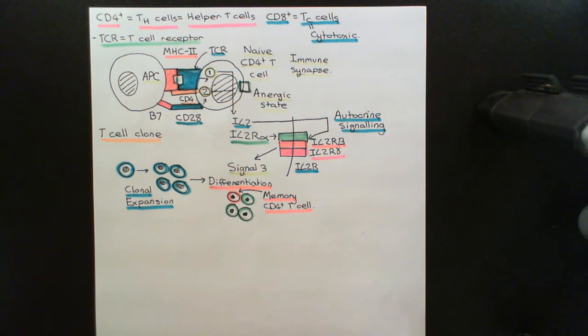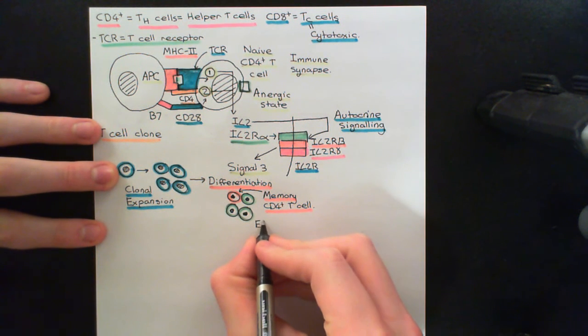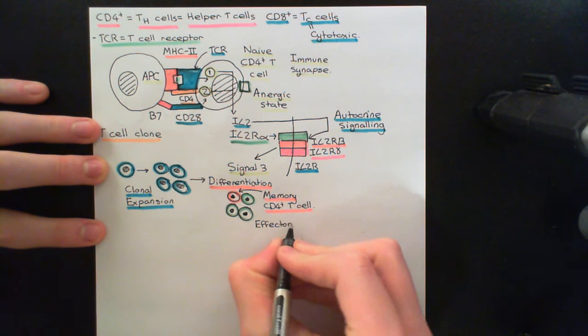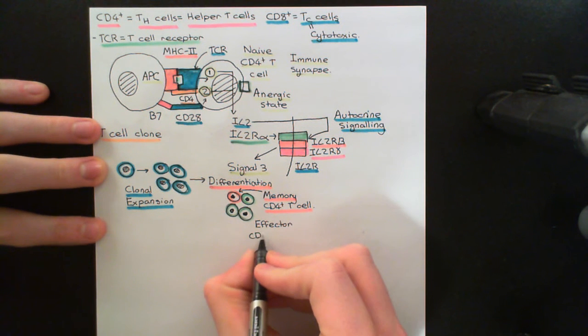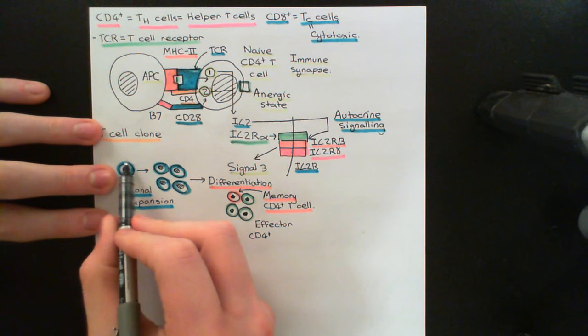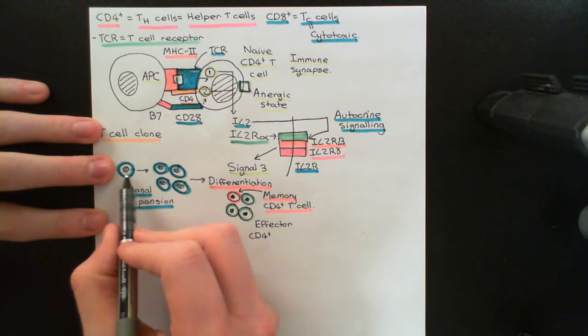You see, the problem with effector helper T cells or effector CD4 positive T cells is they have a very short lifespan. Effector CD4 positive T cells, these green ones here, they generally only live for about a week. Compare that to the lifespan of the naive CD4 positive T cells, which have a lifespan of up to a year, from months to years.